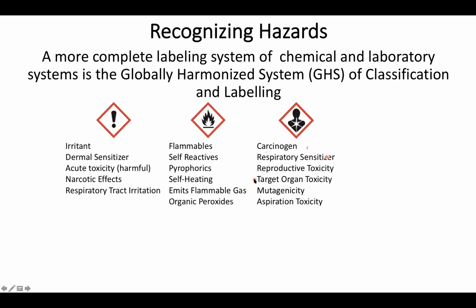Reproductive toxins, toxins that target specific organs, which may include kidney or liver function, which you won't see immediately, but can have some real long-term effects, mutagens, and things that can do lung damage. So these ones are going to have a lot more chronic, long-term toxicity. You might not see them right away, or they may make you vulnerable to other things, such as in today's current culture, if you're exposed to a respiratory toxin, you have to be very aware to stay away from COVID because you're going to be much more vulnerable.